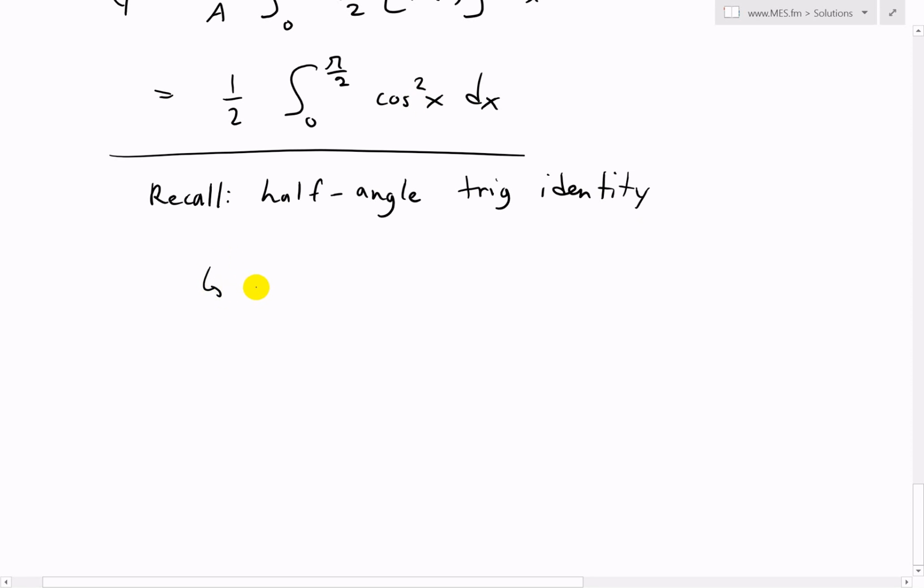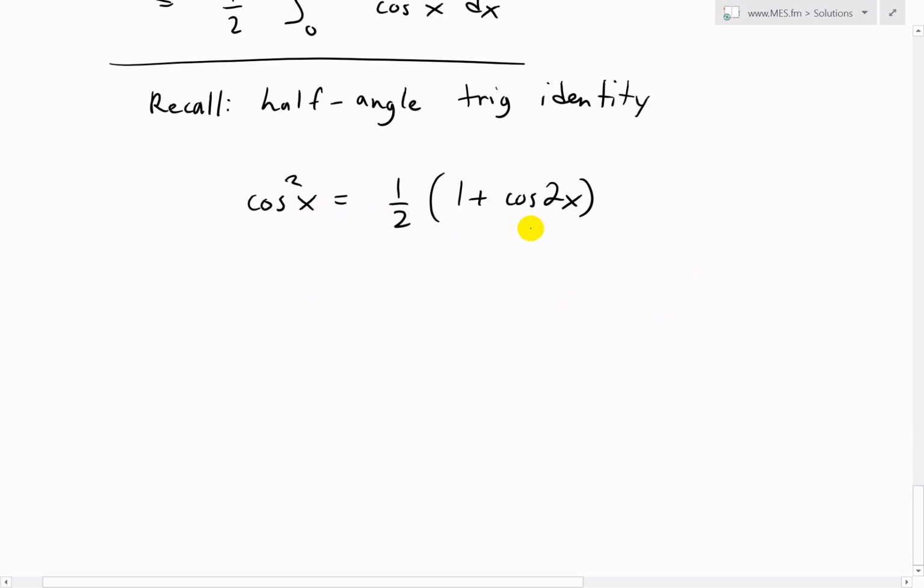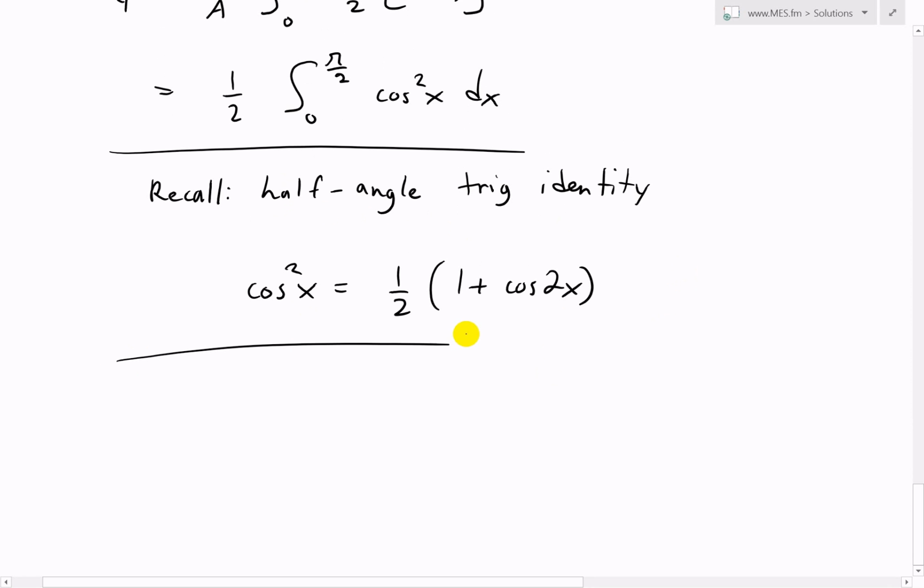So cosine squared of x is equal to 1/2 of 1 plus cosine 2x. This 2x is double the angle of this one, so this x is half the angle of the 2x, hence the half angle. We write it like this so that we get rid of this squared. So let's plug that in.